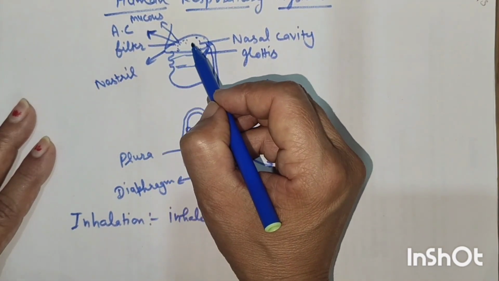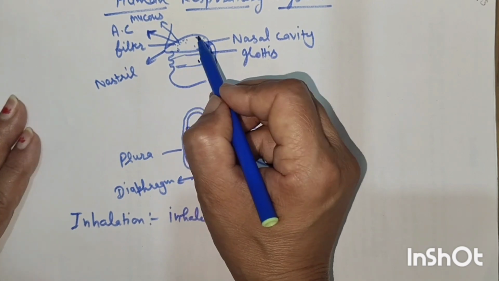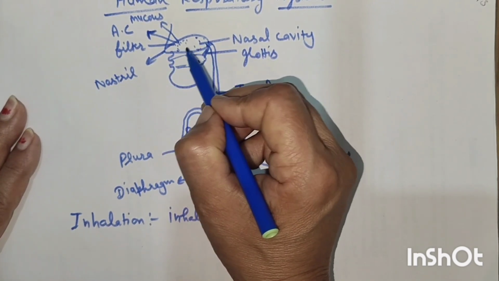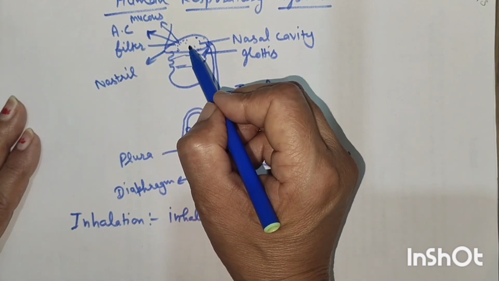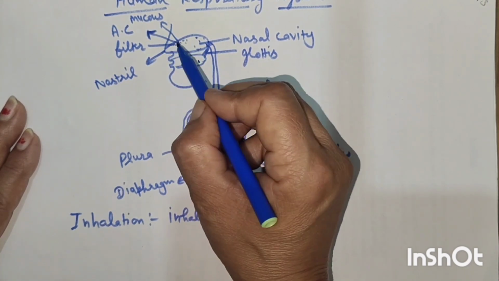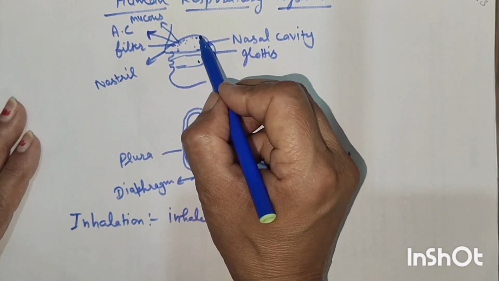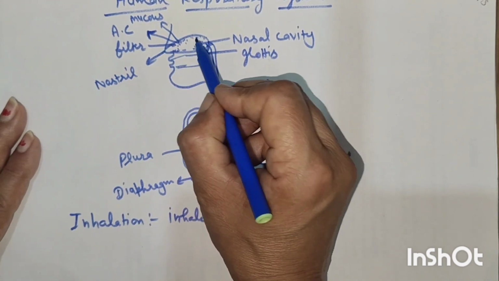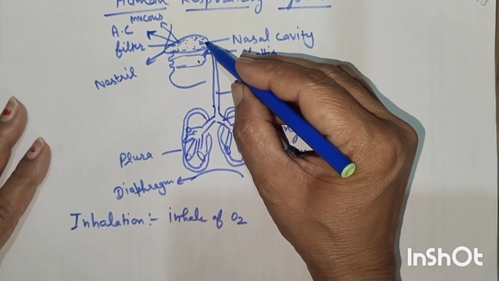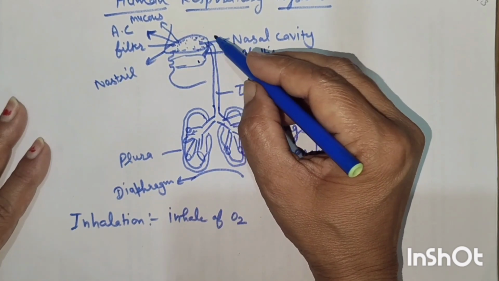When we inhale oxygen, the nasal lining filters the air, stops dust particles and insects, and also controls the temperature of the air. The mucus protects the nasal cavity lining from hot or cold temperature and any other harmful substance.